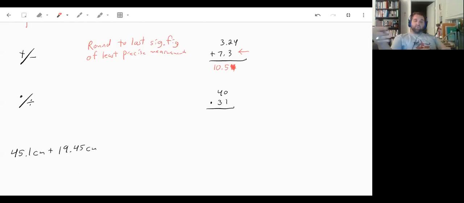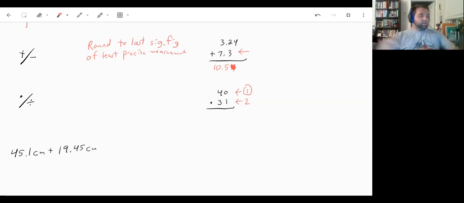In contrast, when doing multiplication or division, you would just round to the least number of significant digits. So for our first number here, 40, that has 1 significant digit. Our second number has 2. So when we multiply or divide, we round to the least significant digit. So in this case, we'd have to round so that we only have 1 significant digit at the end.